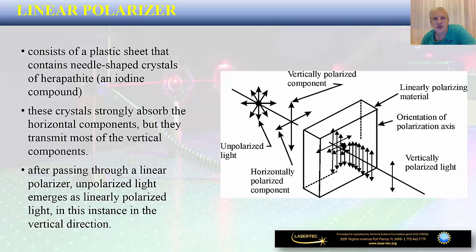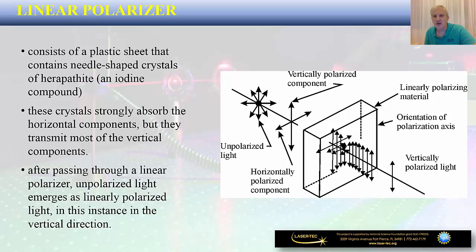As the light propagates through this type of polarizer, the crystals absorb a specific component of the light and transmit the other component. So after passing through a linear polarizer, unpolarized light emerges as linearly polarized light, in this case, as shown on this slide, in a vertical direction.